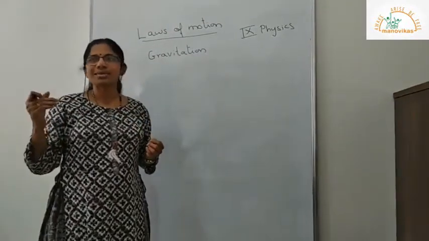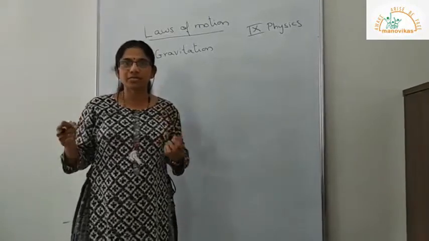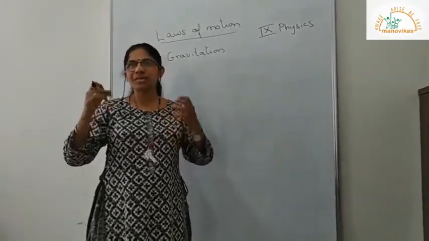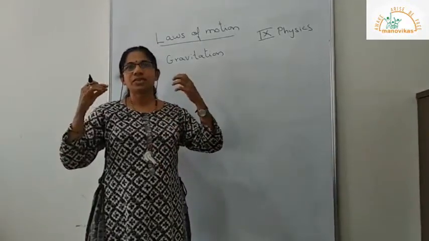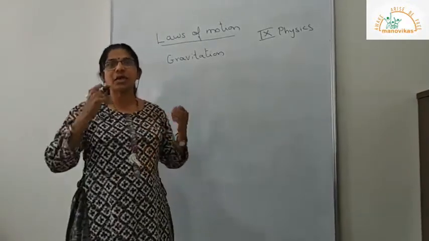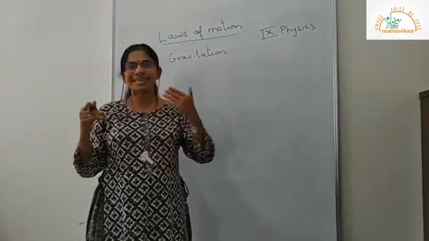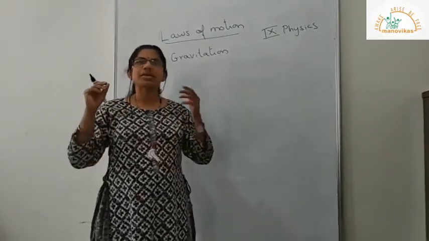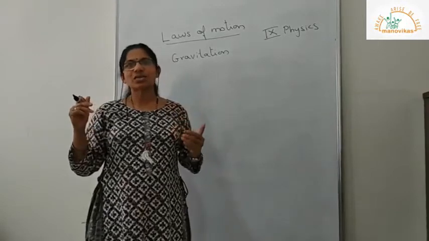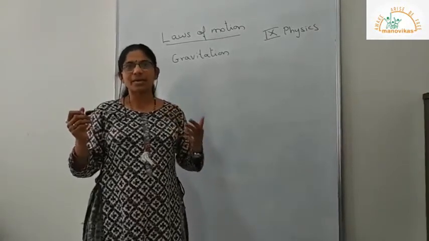But it is not noticed by us because when you compare the size and mass of the earth with ours, it is negligible. But remember, always between two objects there is a force of attraction present.